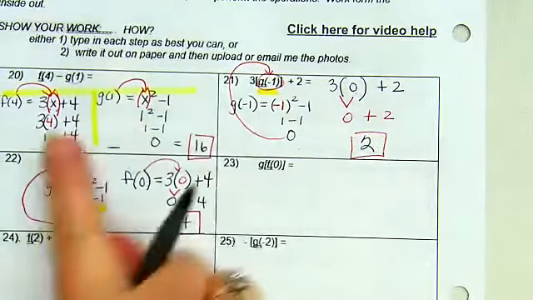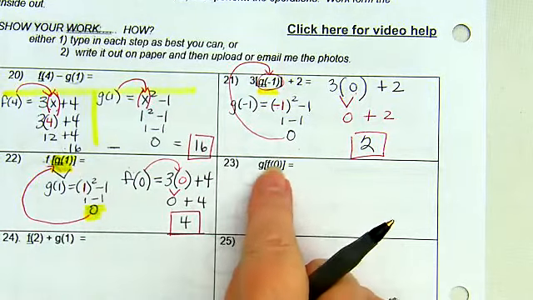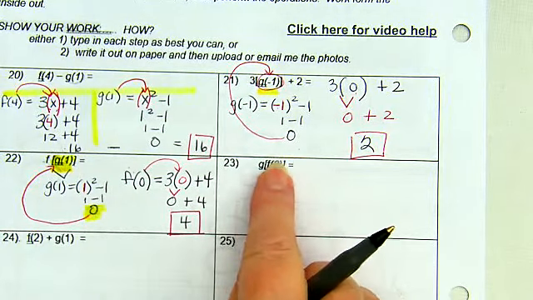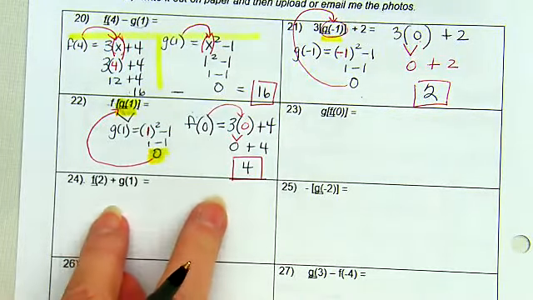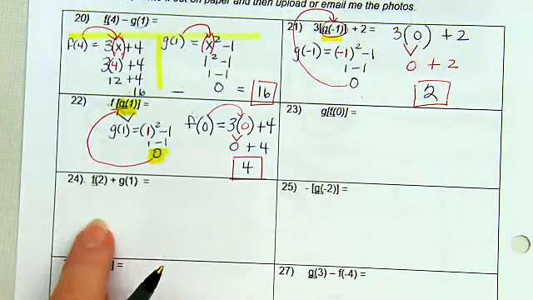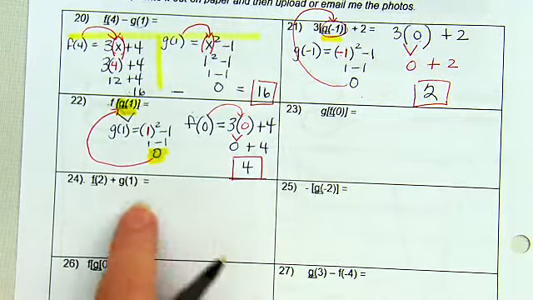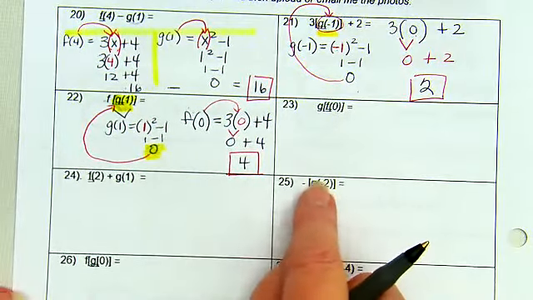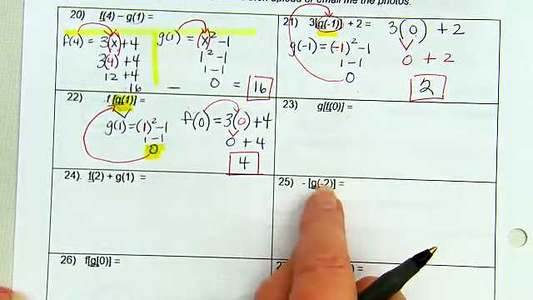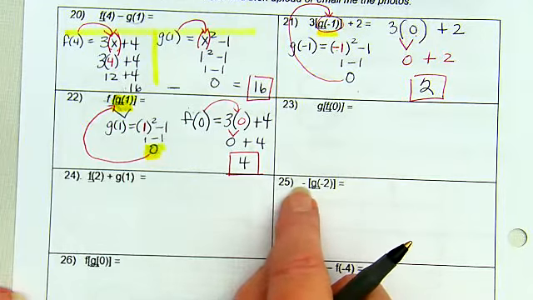So that's the three I'm going to work to get you started. Work the inside first and then take it to the outside. This one you're going to work side by side. You're going to find this number and this number, and at the very end, you'll add them. This one, you're going to work from the inside out. Do the inside. At the very end, what answer you get, you're going to multiply with this -1.